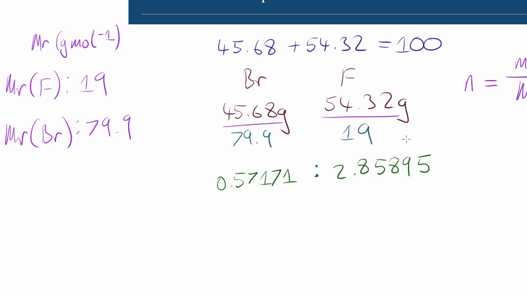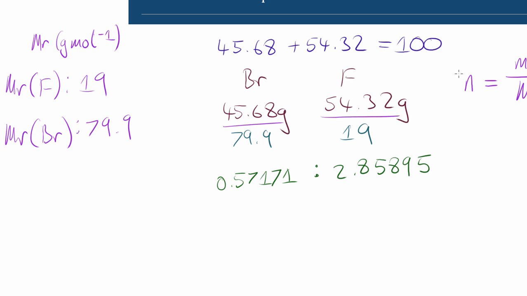Now what we want to do at this stage is establish a whole number ratio, the simplest whole number ratio, which currently we don't have. If we were to round either of these numbers to 2 decimal places or even to 1 decimal place, we're not going to get a whole number. We'll still have a non-integer value.